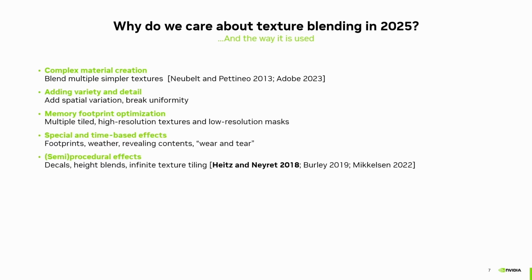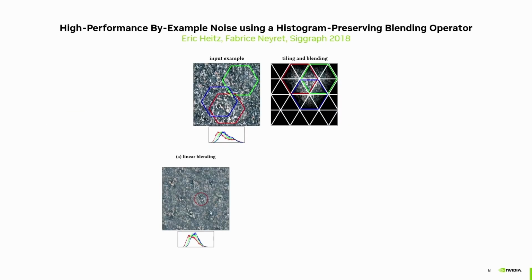It's used for special and time-based effects such as footprints, weather, wear and tear, revealing contents, as well as texture synthesis and semi-procedural effects, decals, height blends, infinite texture tiling. And one of the papers about infinite texture tiling was my main inspiration why I started thinking about this problem.